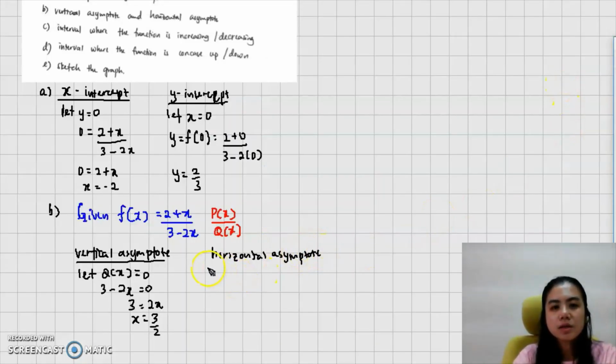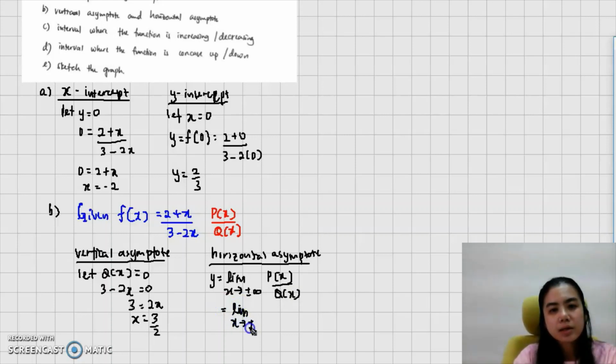Let's go back to our question. You have to let y equal to the limit as x approaches plus or minus infinity of p(x) over q(x). So what is our p(x) over q(x) here?